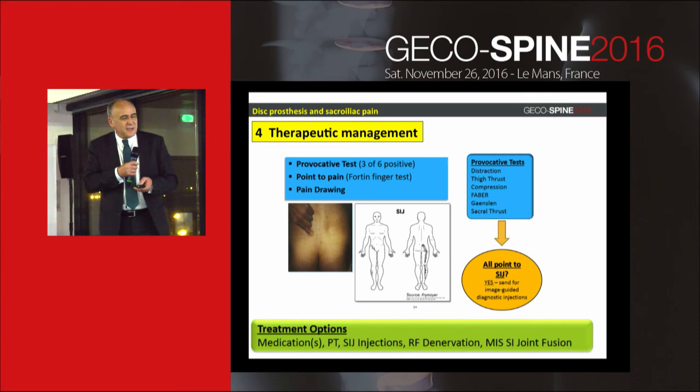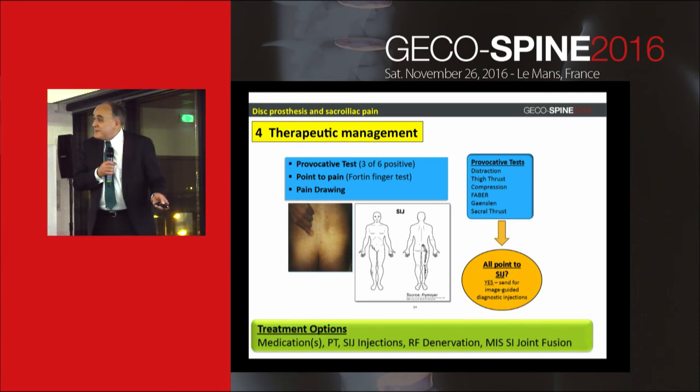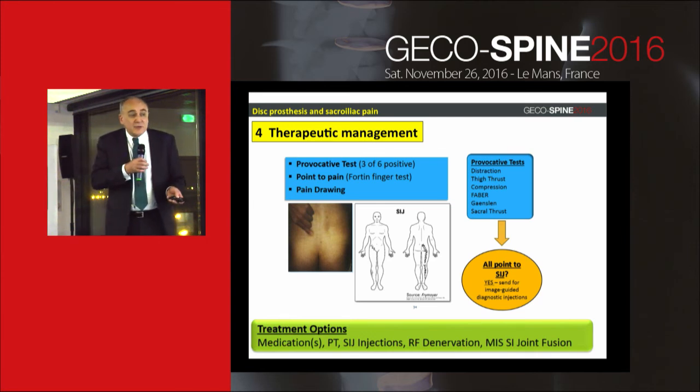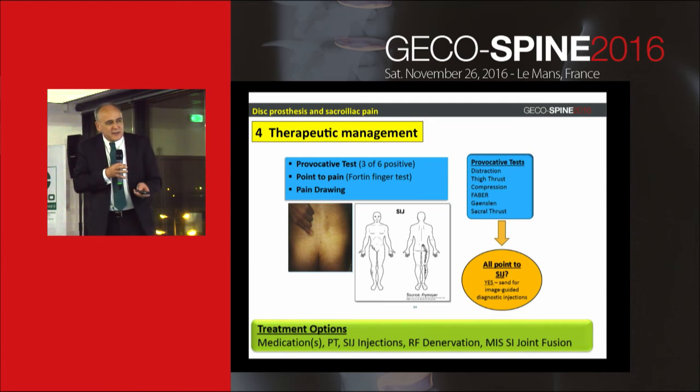It is my practice, we do this local injection to be sure of this. Regarding the treatment options, it's sometimes difficult. You probably have this experience regarding physiotherapy, injection, and I had no experience. I did not do any fusion of the sacroiliac joint after a disc prosthesis, but I did after lumbosacral fusion.